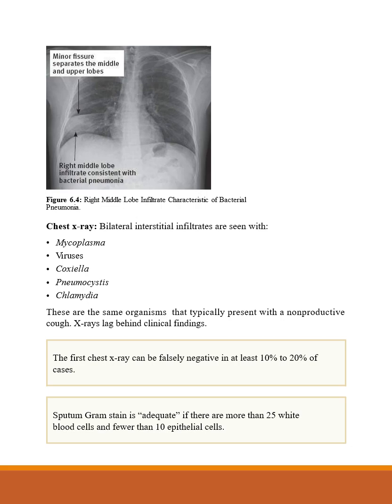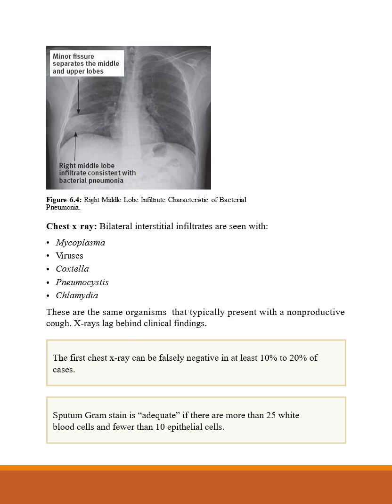So basically, on a chest X-ray we can see a bilateral interstitial infiltrate, and it is seen in cases of Mycoplasma, number 1; viruses, number 2; Coxiella, number 3; Pneumocystis pneumonia, number 4; and Chlamydia, number 5. These are the same organisms which typically present with a non-productive cough.